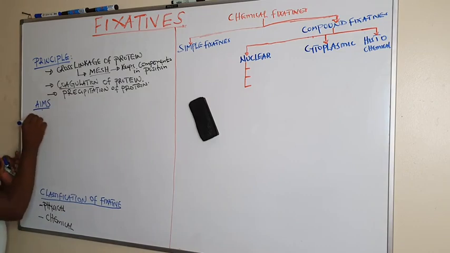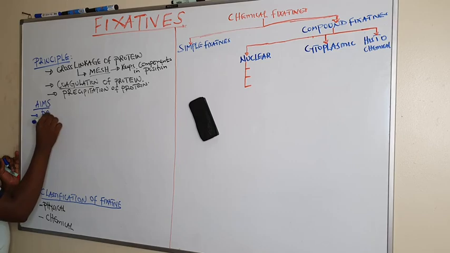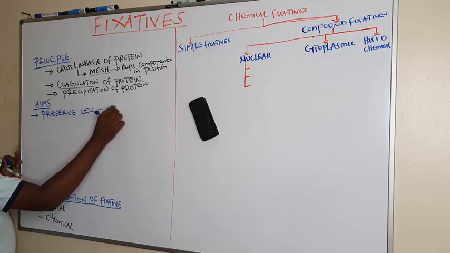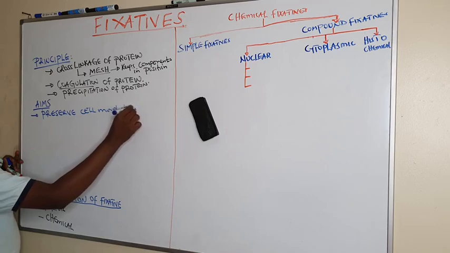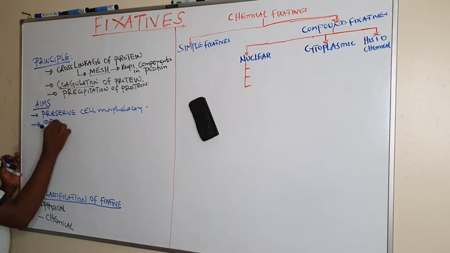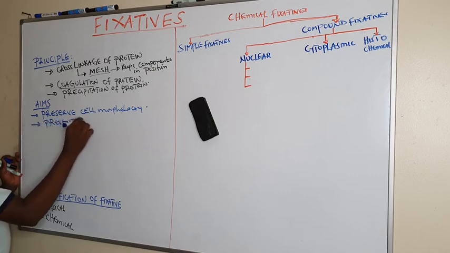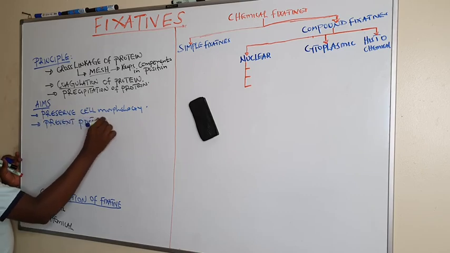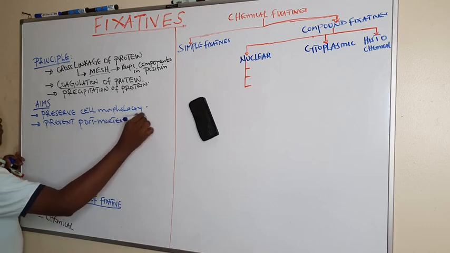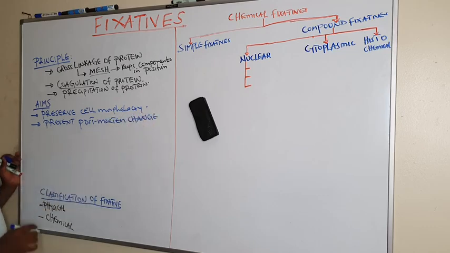One of the aims of fixatives is to preserve the cell morphology. Then another importance or aim of fixing tissues is to prevent postmortem changes that occur on tissues after being cut or biopsied.